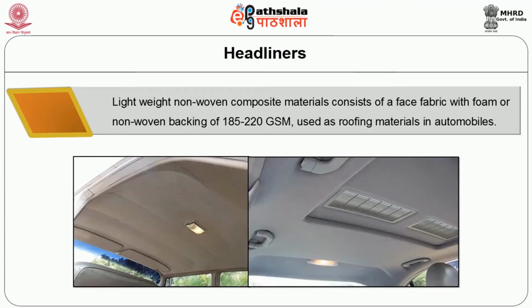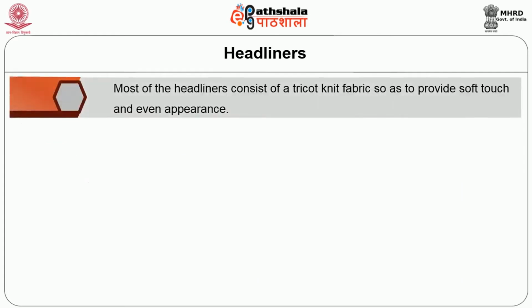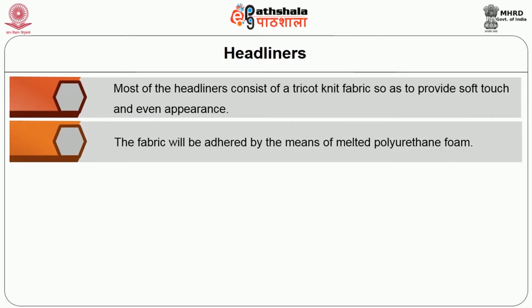Next one is headliners. Headliners are lightweight non-woven composite material, consisting of a face fabric with a foam or non-woven backing of 185 to 220 GSM, used as a roofing material in automobiles. Most of the headliners consist of tricot knit fabric so as to provide a soft touch and even appearance.